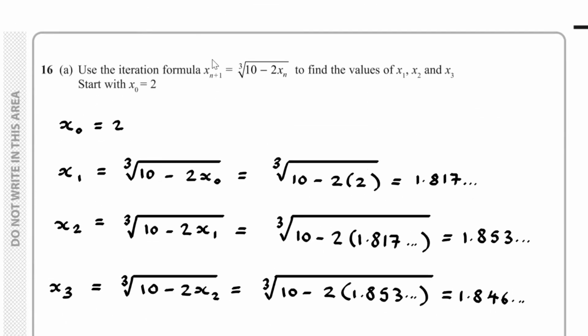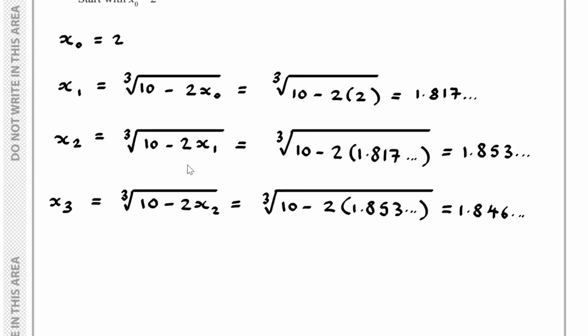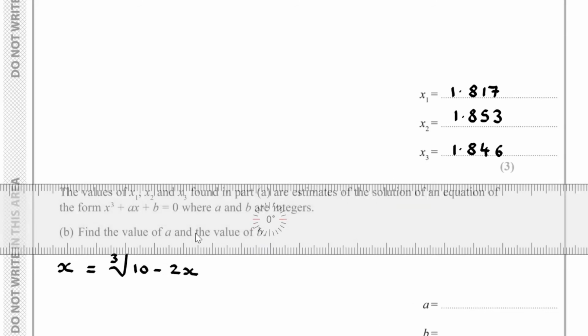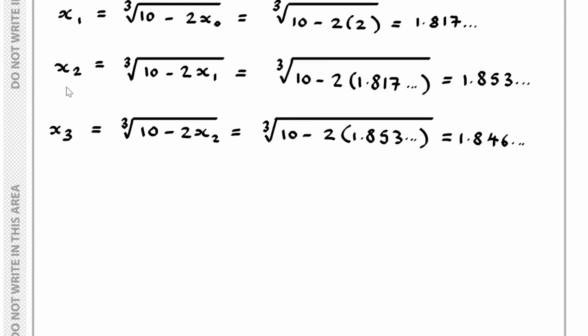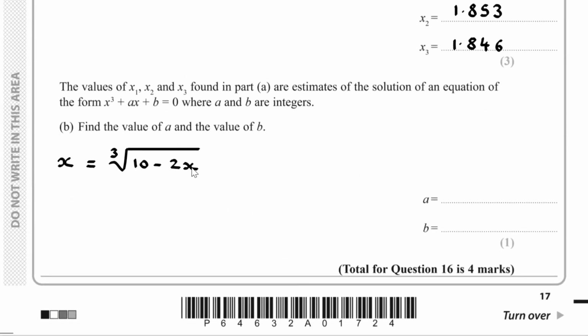Well, this iterative equation is a rearrangement of this equation here. Now, what we have is an equation x equals the cube root of 10 minus 2x. And we need to rearrange this.